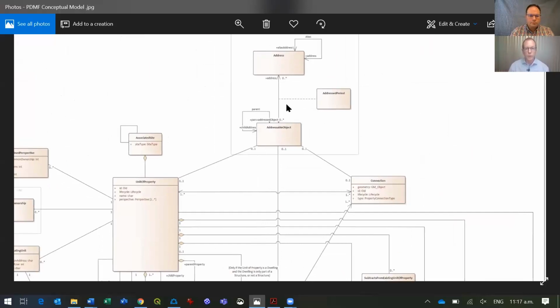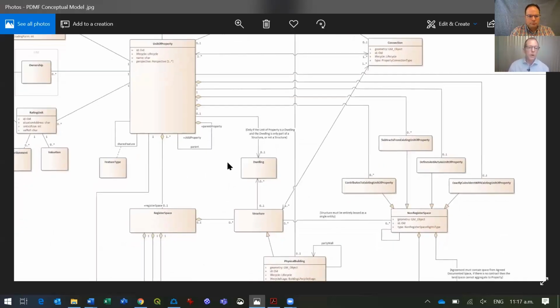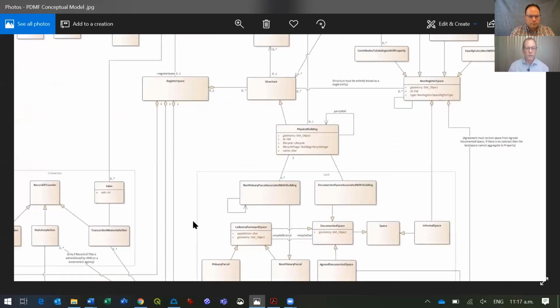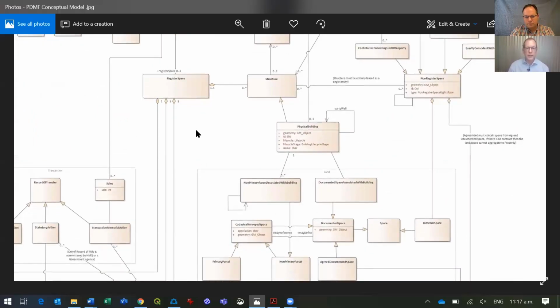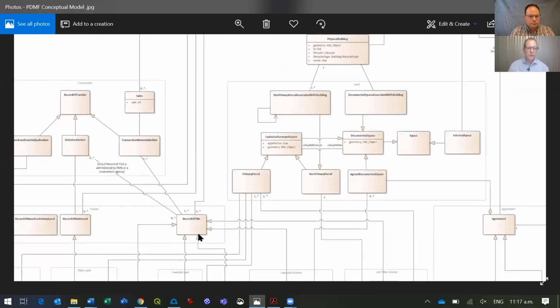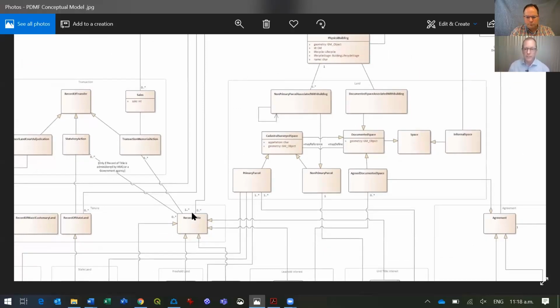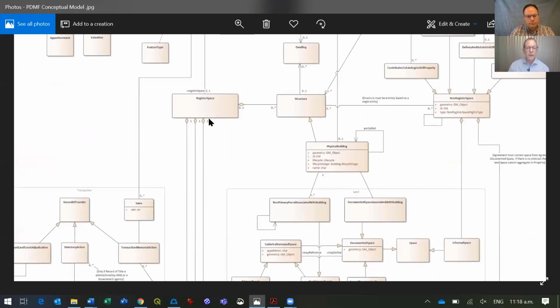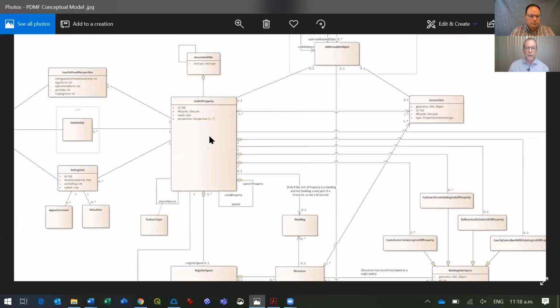So if you work with addresses a lot, you might look at how you can connect addresses into a unit of property, and work on that particular piece, if that piece is of most importance to you. Or you might be more interested in understanding and implementing how titled land, say a record of title from LINZ, aggregates together.